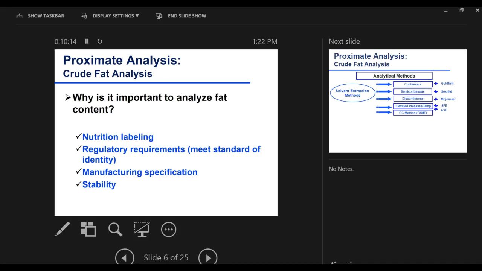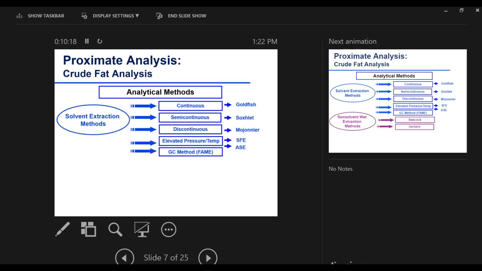Okay, now that you are experts in fats and why they need to be analyzed, let's look at methods. We have so many different methods that we can use for analysis of fat. So we have the solvent extraction methods. There's the continuous method, which we didn't have in the lab, but I will talk about it briefly.